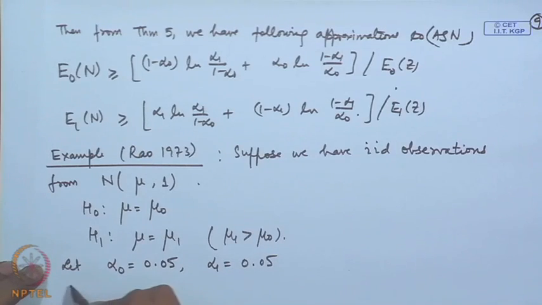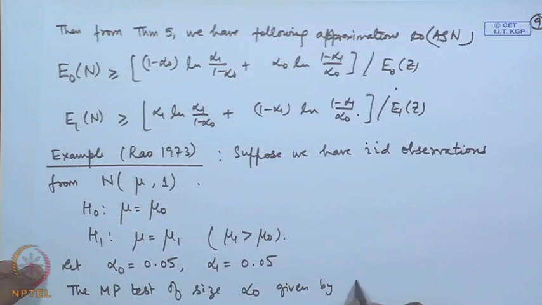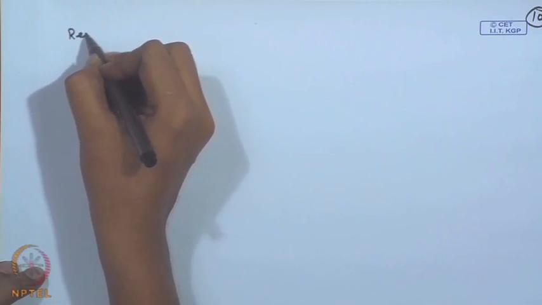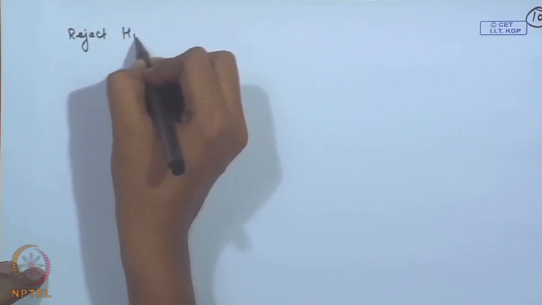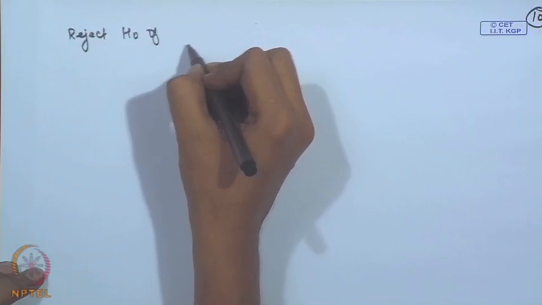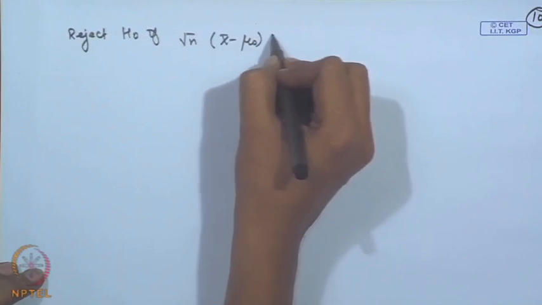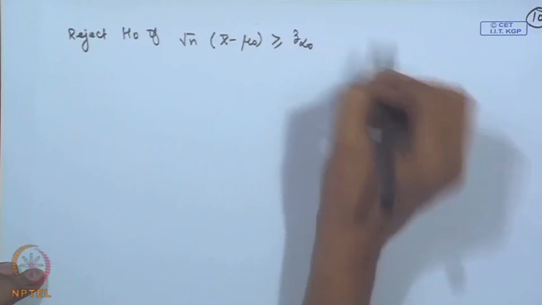The most powerful test of size alpha naught given by the Neyman-Pearson lemma is: reject H naught if root n into x bar minus mu naught is greater than or equal to z alpha naught.